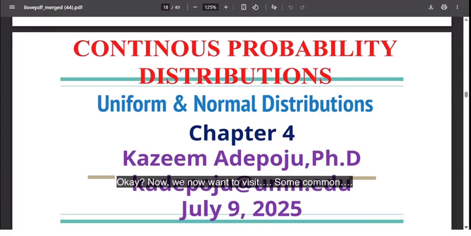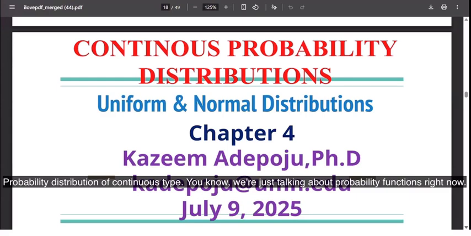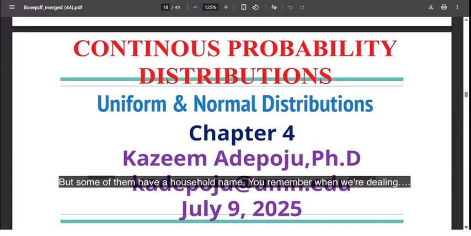Now we want to visit some common probability distributions of continuous type. We just talked about probability functions, but some of them have a household name.